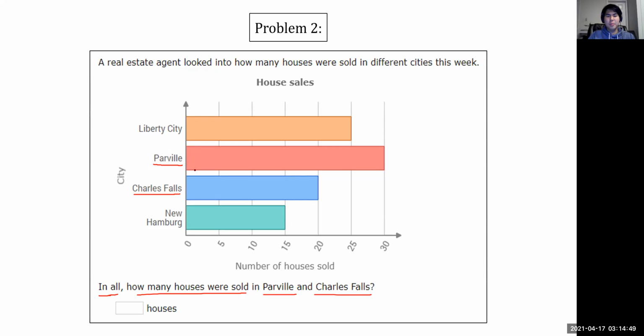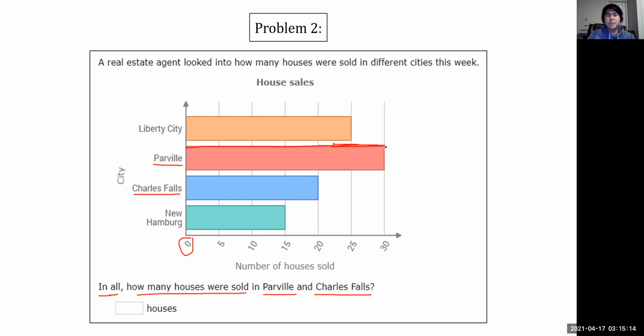In order to find the number of houses sold in Parville, I'm going to start at the 0 position. I'm going to start from this axis and then trace my line all the way to the right until I get to the end of the bar. Okay, the end is here.